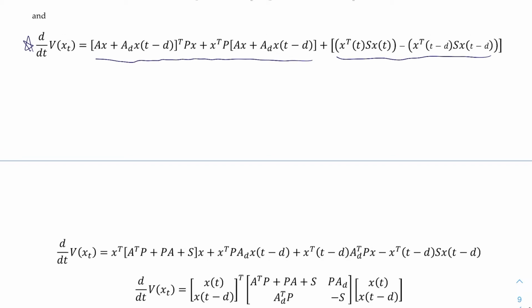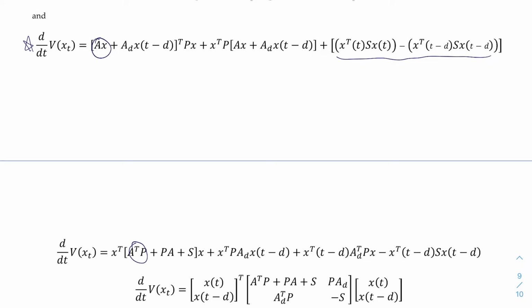I'm looking at this here, we explain that line, term by term. Let's focus on each term. This is x transpose, and here there's a transpose, right? x transpose A transpose P. That term comes from this term.